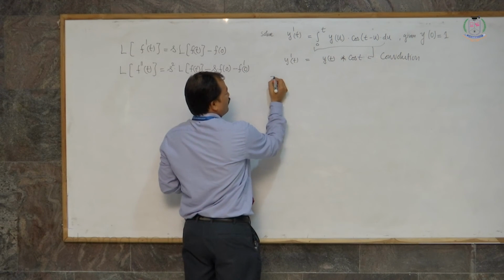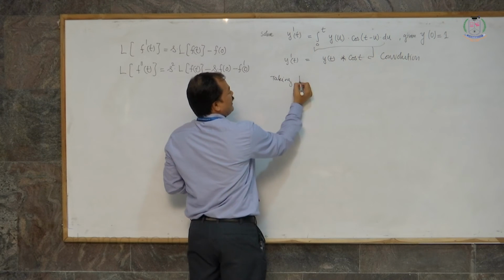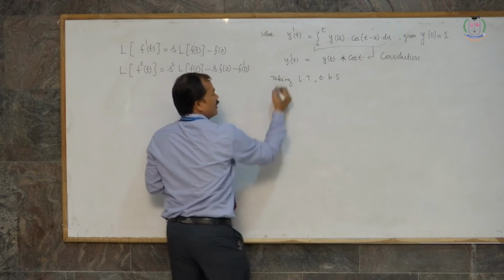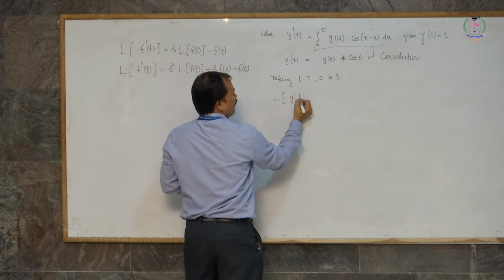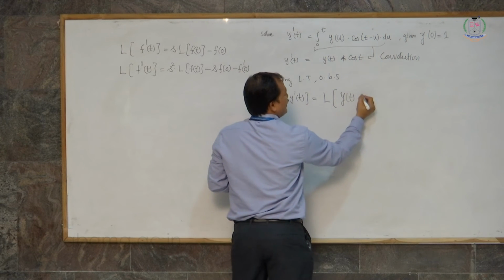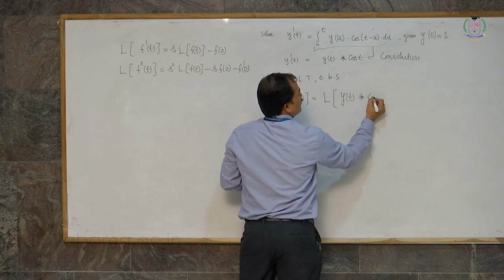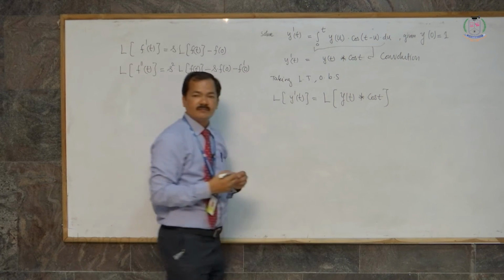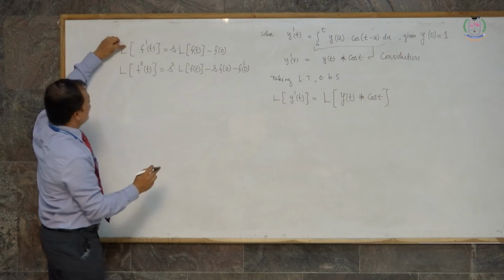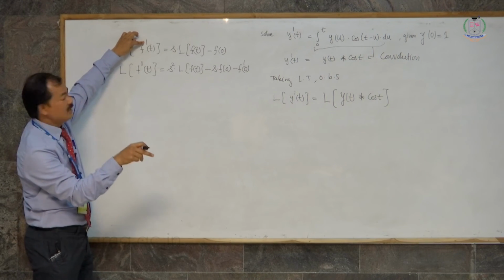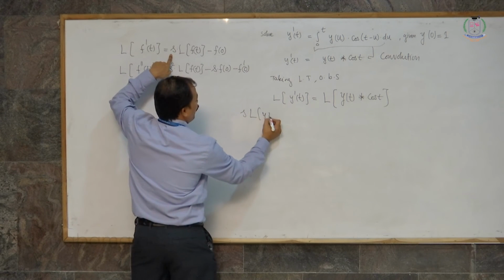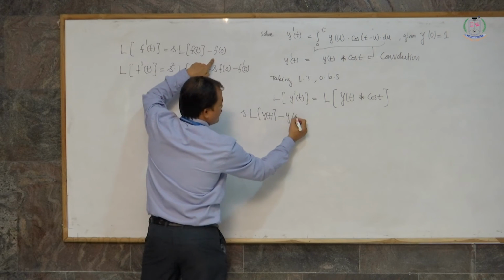Taking the Laplace transform on both sides, L of y prime of t is equivalent to the Laplace transform of y of t convolved with cos t. We know the Laplace transform of y prime of t, where y of t is a function, is the Laplace transform of y of t minus y of 0.